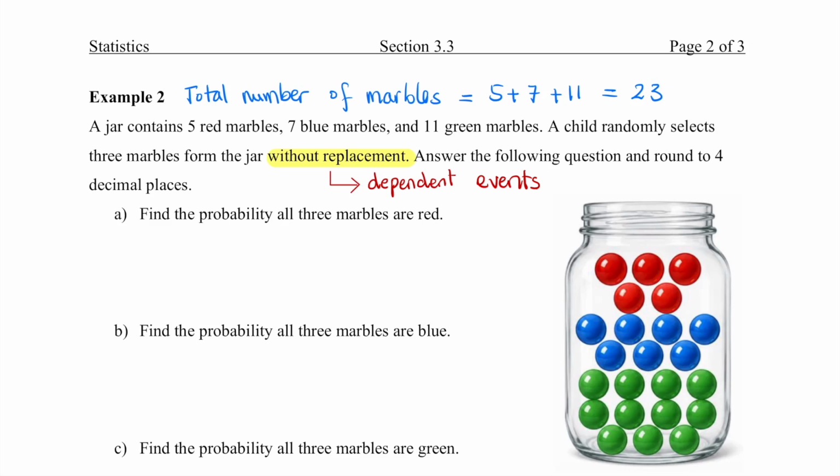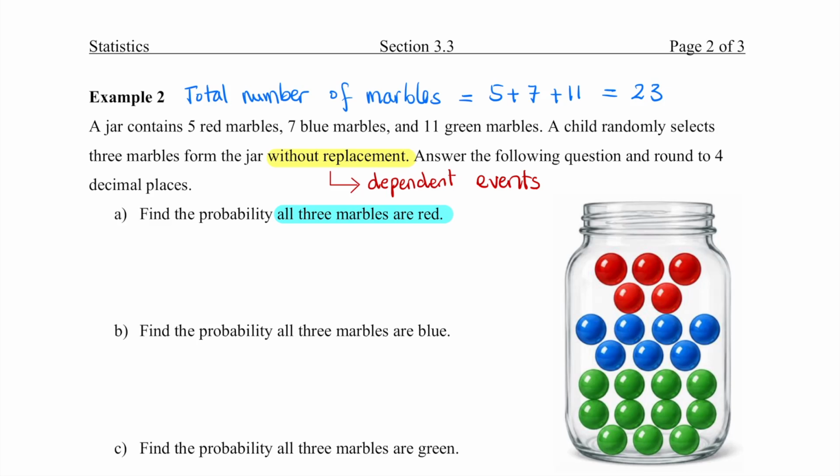Question A. Find the probability that all 3 marbles are red. Let's think about what "all 3 marbles are red" means. That means the first marble must be red, and the second marble must be red, and the third marble must be red.